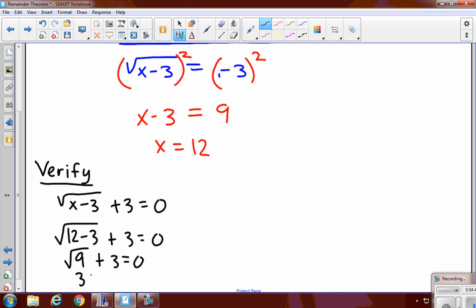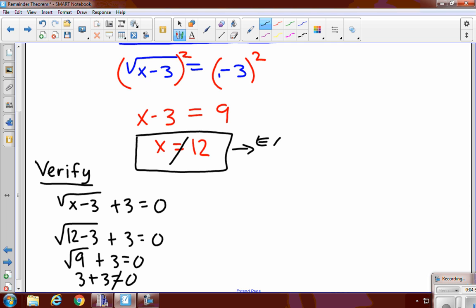If you look now, 3 plus 3 definitely does not equal 0, which means up here this is an extraneous solution. We did all of our algebra right, we've done everything we're supposed to do, but it doesn't verify. So this is an extraneous solution, or an extraneous root. So this question basically has no answer.